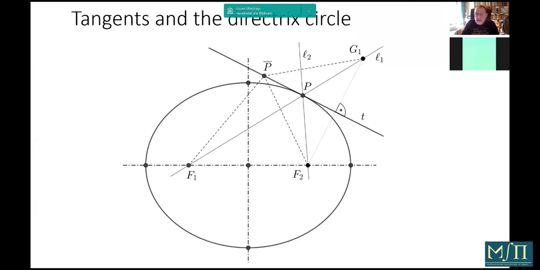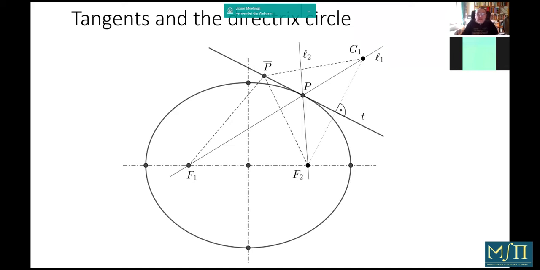G1 must lie on L1 because we've constructed T to be the angle bisector of the angle formed by the two lines L1 and L2. So that means that if we reflect one of the points on one of the lines on this angle bisector, then of course it will come to lie on the other of the two lines. So this point G1 on the one hand lies on L1, and on the other hand, its distance from P is equal to the distance of F2 to P.